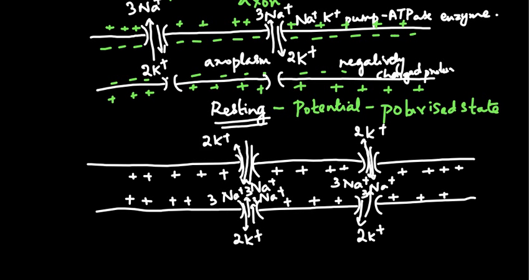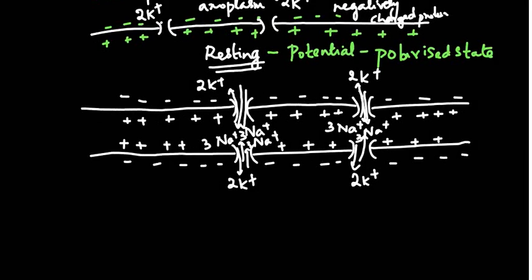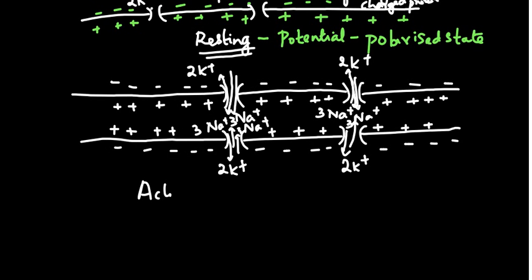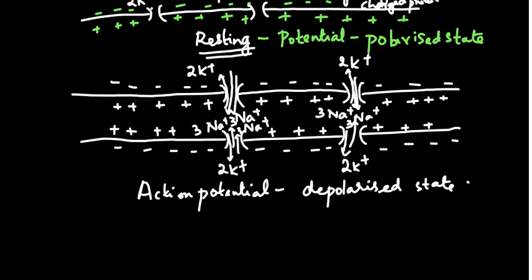Such a membrane is said to be in a depolarized state, and the potential difference across the membrane in such a case will be called the action potential. So that is how the nerve impulse is generated.